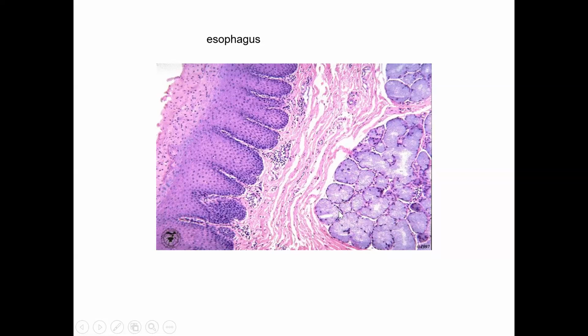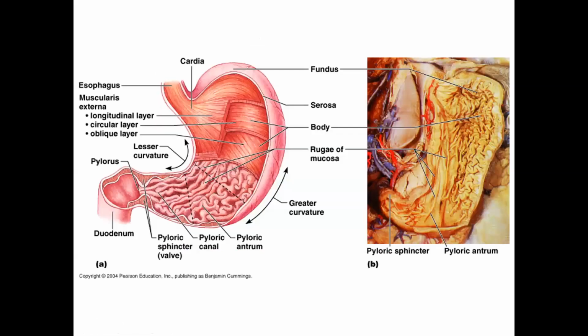So if you see this kind of glandular structure on an esophagus slide, right away you should know this must be a section from the distal end of the esophagus, because only toward the stomach may there be some glands in the esophageal wall.